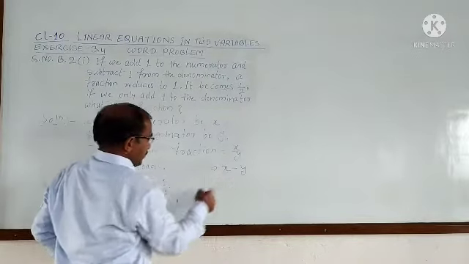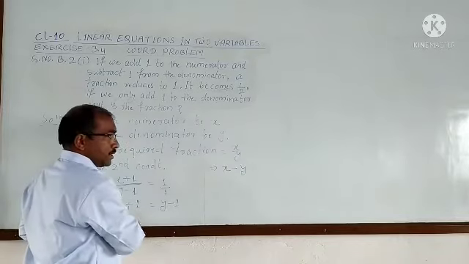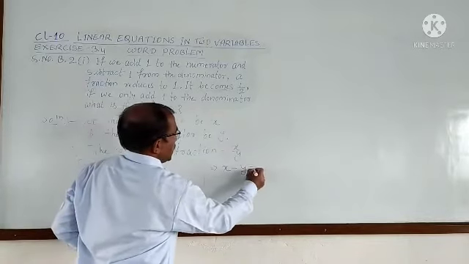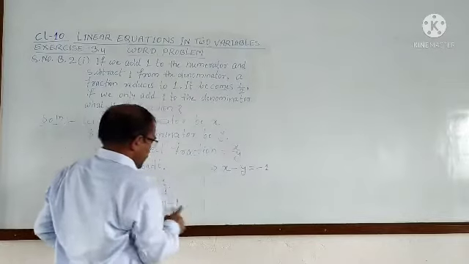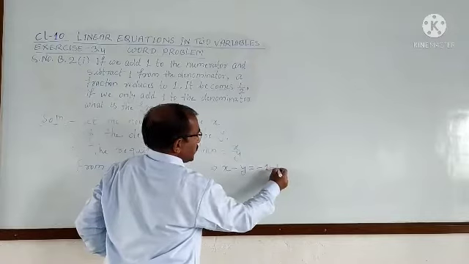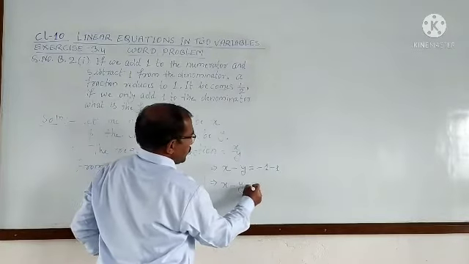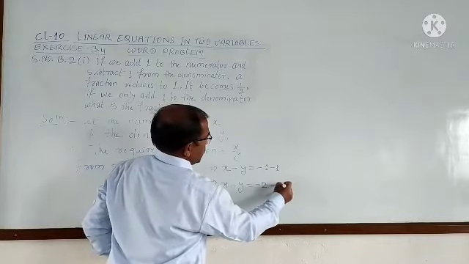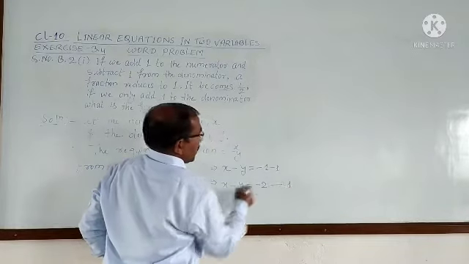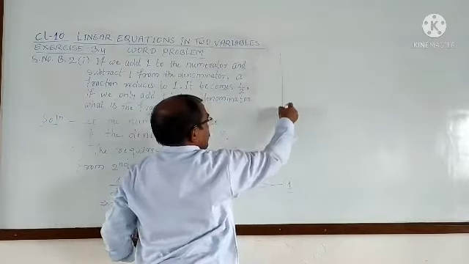From RHS it is positive y, it will come to LHS and become minus y. And on RHS we have minus 1, and this plus 1 also will go to RHS and become minus 1. So what do we get here? X minus y is equal to minus 2. This is equation 1. The first condition we converted into equation form.